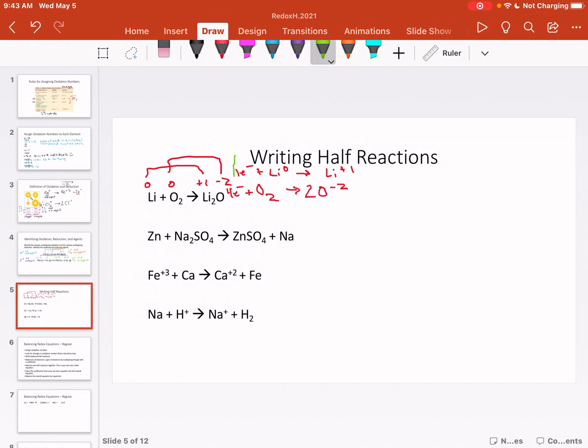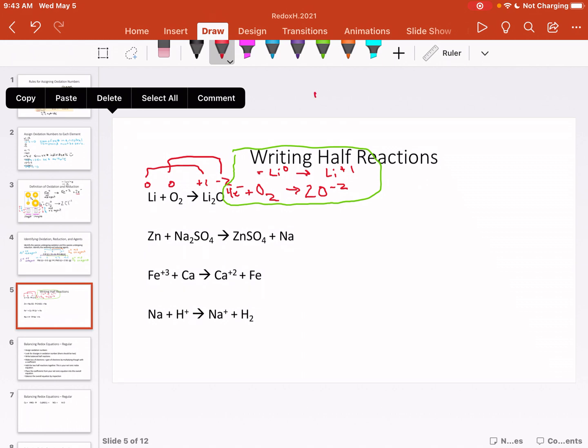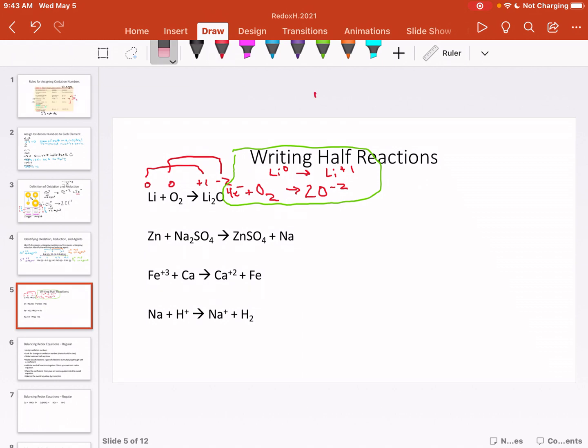Looking ahead, what you will notice is, I put my electrons on the wrong side here. As soon as I fix this, we will notice that my 1 electron goes here.